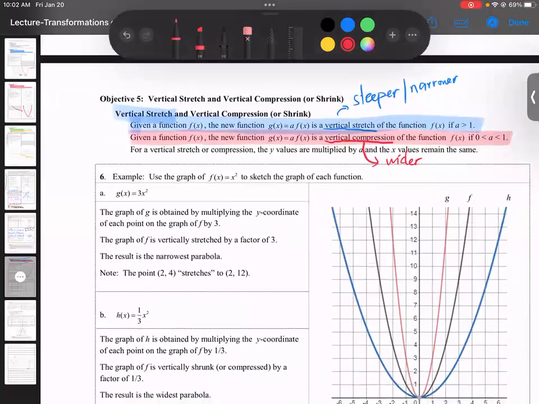For the vertical stretch or compression, is the y value changed? No, right, you get wider or narrower. The thing you change might be the domain. Might, I say might.